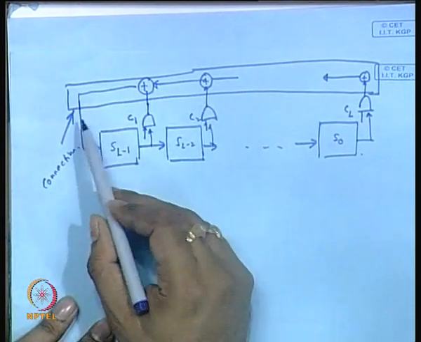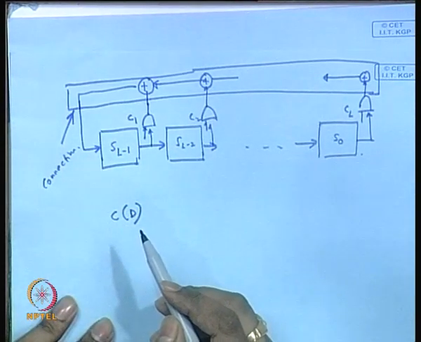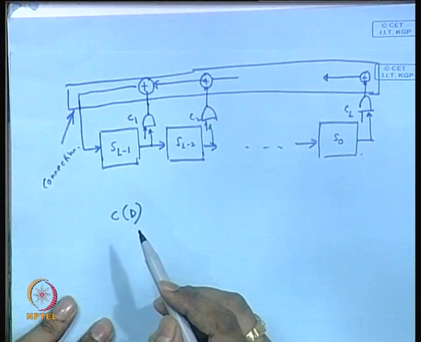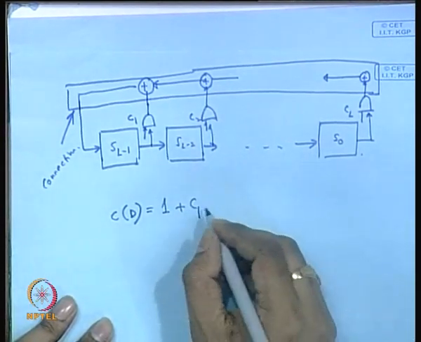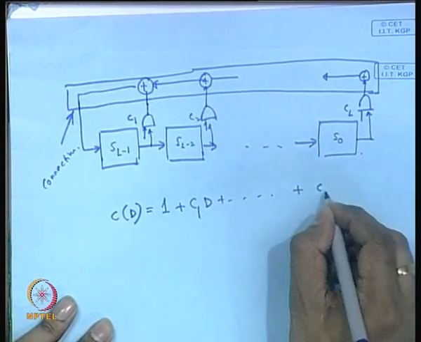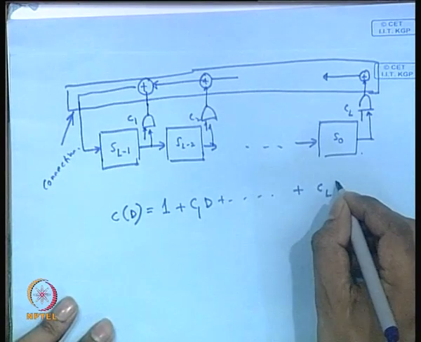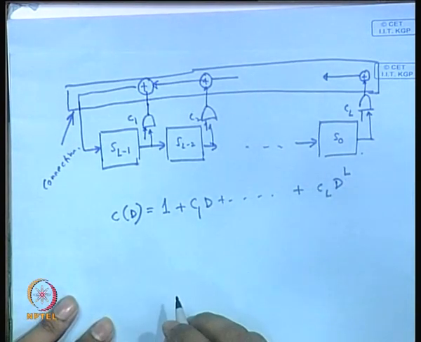So, I can represent or denote this feedback by a polynomial called a connection polynomial. It works like this: C0 plus C1 d plus, and so on, till CL d to the power L, where L is your length.